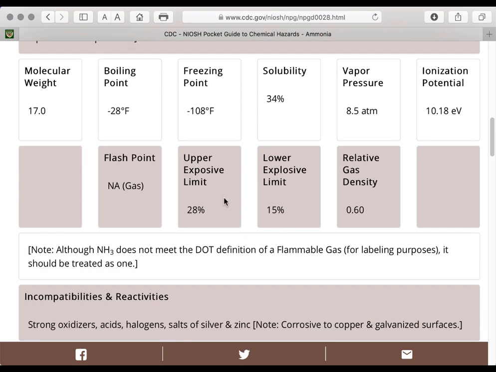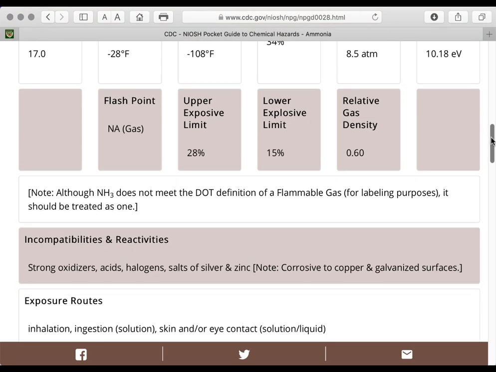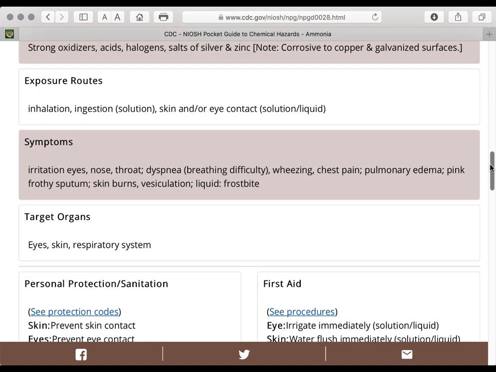This tells me that ammonia can be explosive between 15 and 28% in air. Relative density is 0.6. That means ammonia will go up and out if it's released into the workplace. It's a strong oxidizer. It gives you the symptoms that you start to feel when you're starting to reach that upper end of that exposure realm.